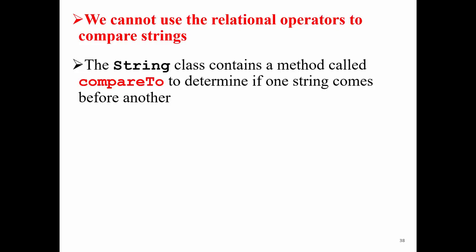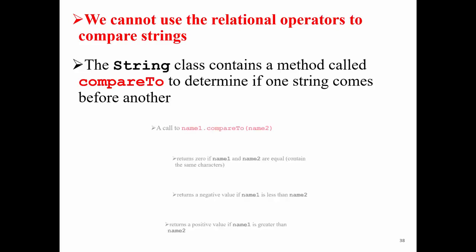You put the integer values in an order. Now, if you create a string object, how do you know that this string is less than the other string? Java allows us to use the compareTo method. The compareTo method allows us to determine the order of the strings.